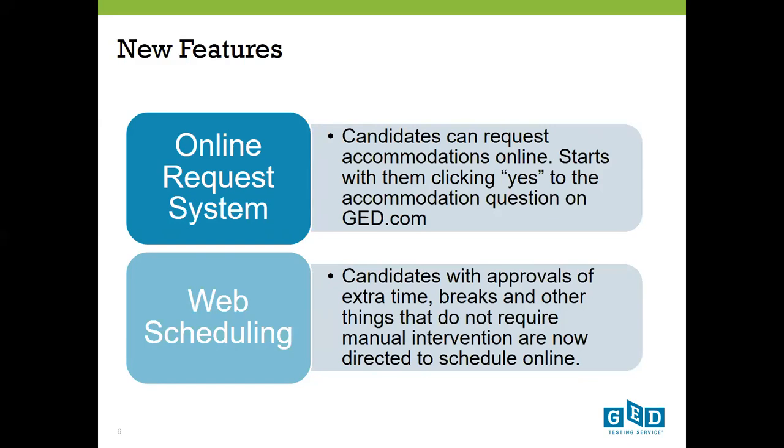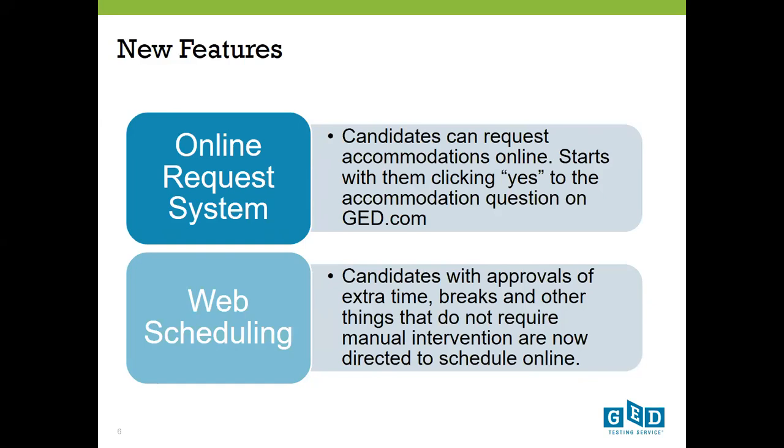The people who cannot do that are candidates who have a separate room or are approved for a reader recorder, things that we have to actually work with the candidate to get in place for them.